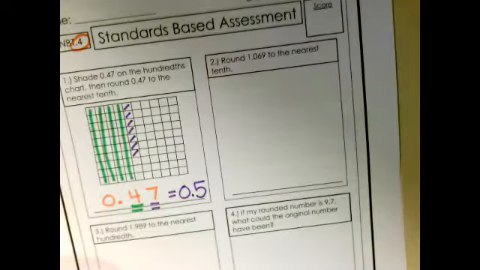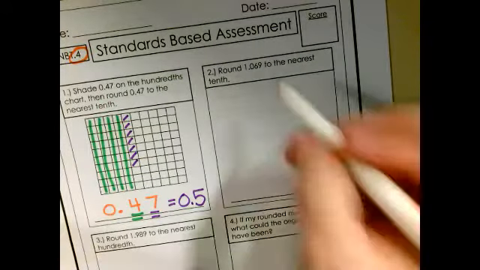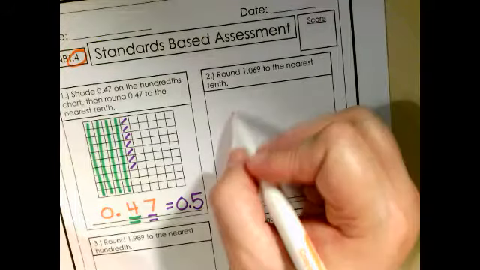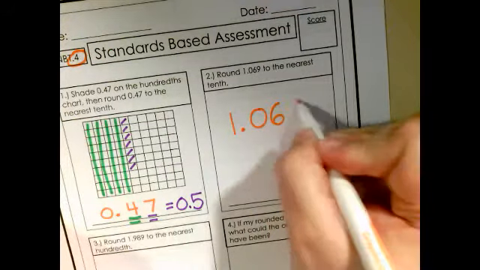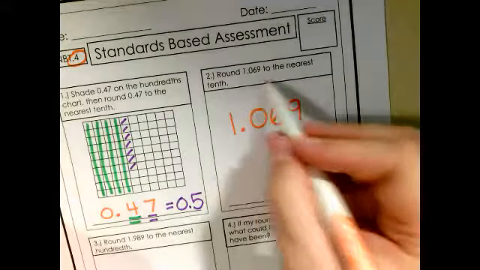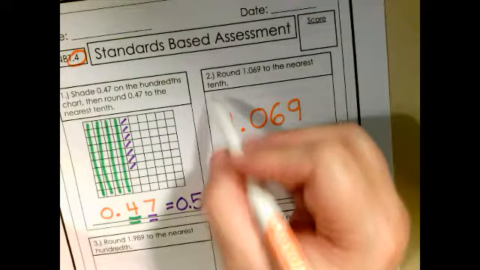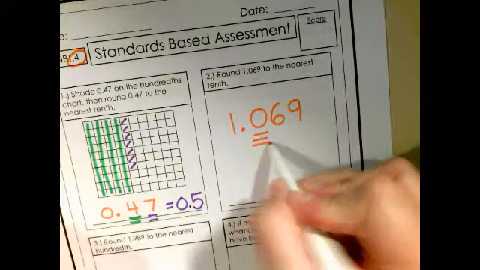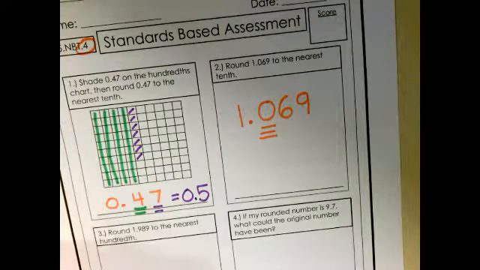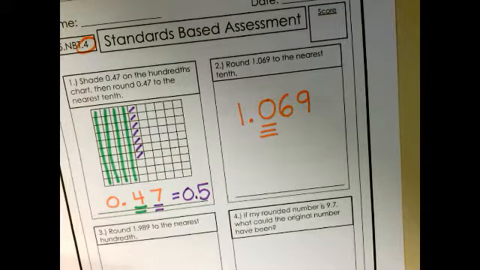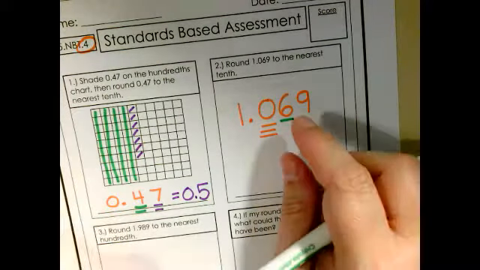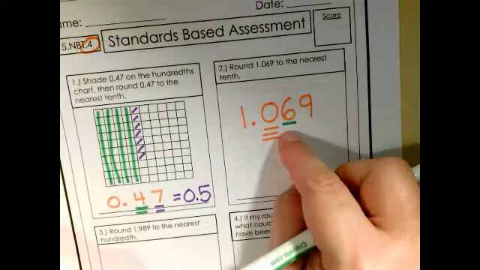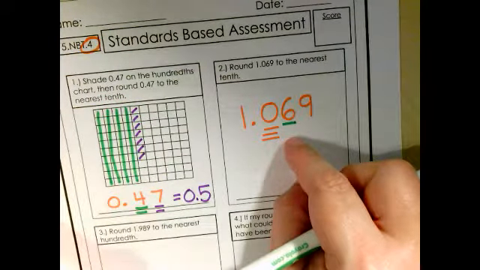Okay, the next question asks us about rounding to the nearest tenth. So it asks me to round 1 and 69 thousandths to the nearest tenth. Okay, I always underline the place value I'm looking at. So there's the tenths place. I look next door. 4 or less, let it rest. 5 or more, let it soar.